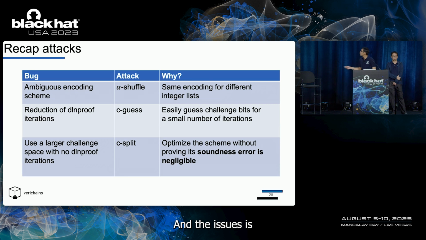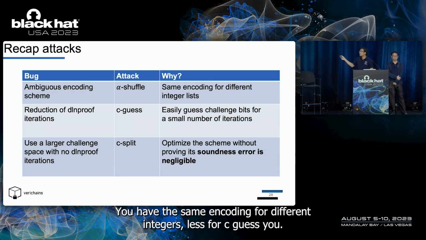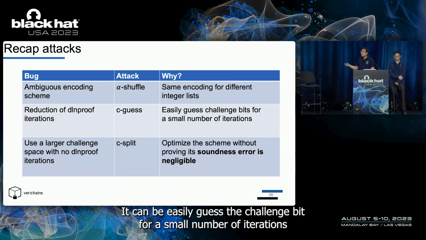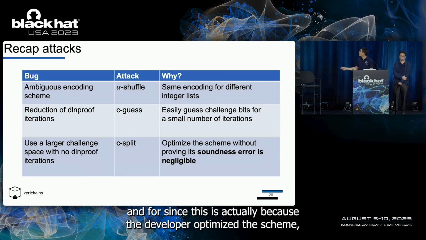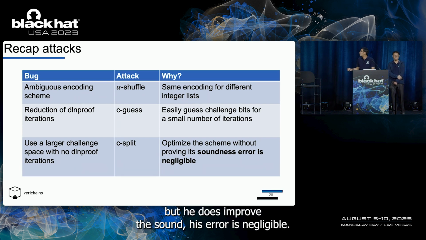The core issue for alpha shuffle is that you have the same encoding for different integer lists. For C-guess, the challenge bits can be easily guessed for a small number of iterations. And for C-split, the developer optimized the scheme but didn't prove the soundness error is negligible.